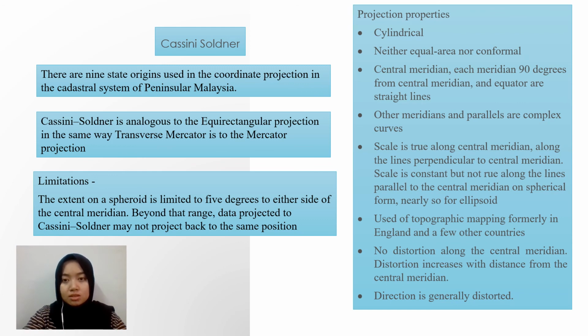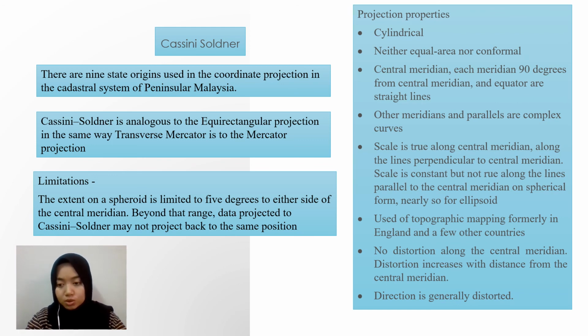These are the projection properties: it is cylindrical, neither equal area nor conformal. The central meridian, each meridian 90 degrees from the central meridian, and the equator are straight lines, and the other meridians and parallels are complex curves. Direction is generally distorted.